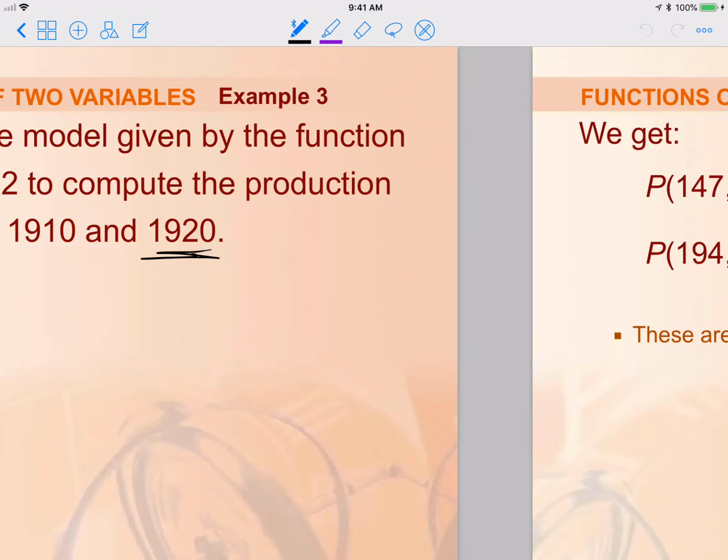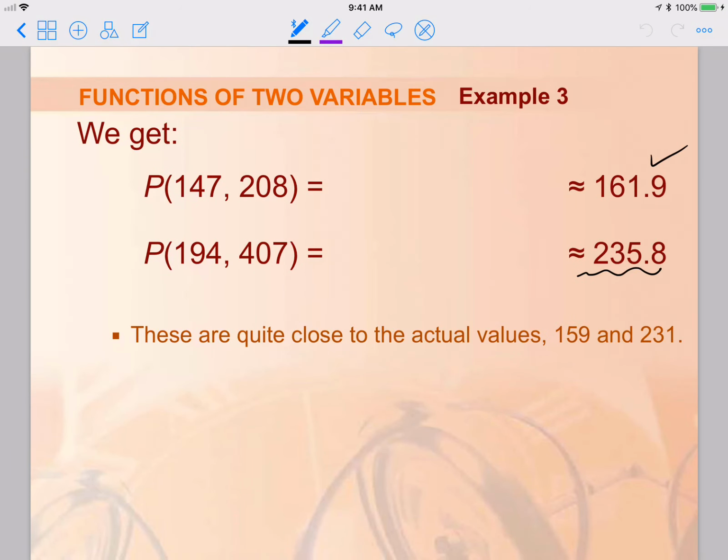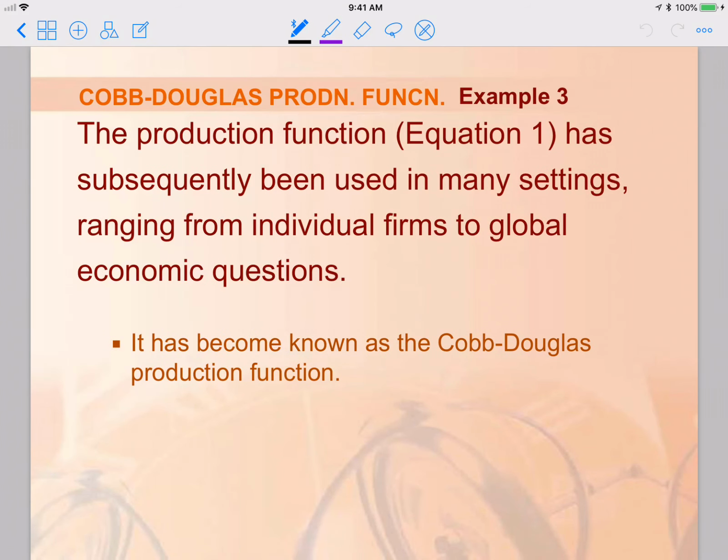Imagine how powerful this is, because if you can make estimates this good, there are a lot of financial benefits. If you can estimate what's going to happen with the economy, you know whether you need to increase jobs or increase investment in capital. You can do a lot with that.